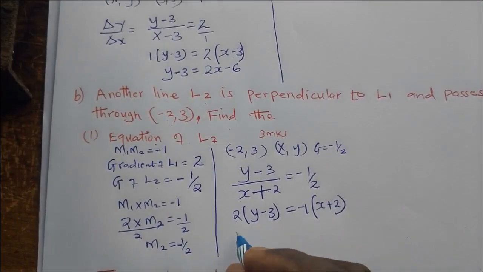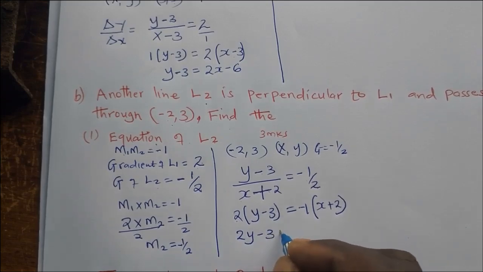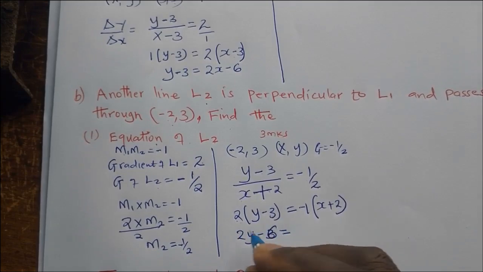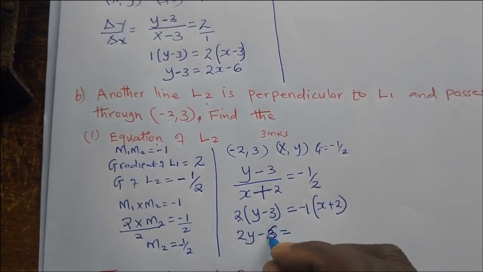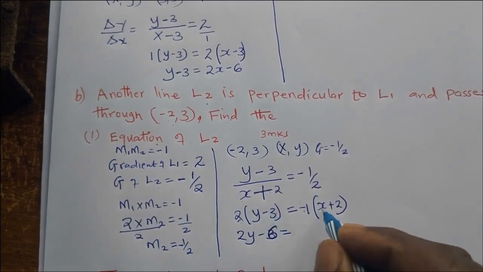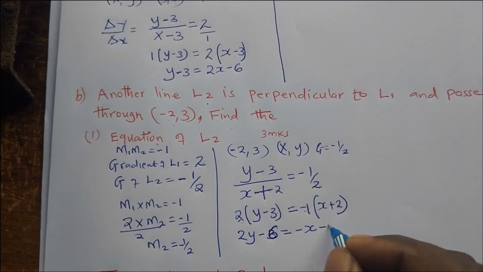Next one, let's open the bracket. 2 times y, 2y. 2 times negative 3, negative 6, is equal to negative 1 times x, negative x. Negative 1 times 2, minus 2.